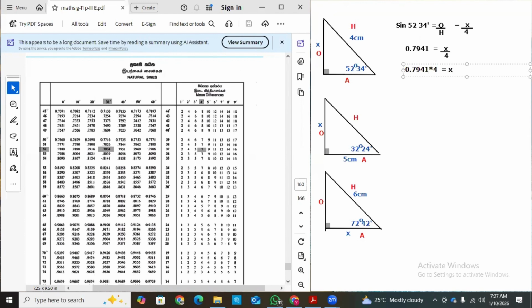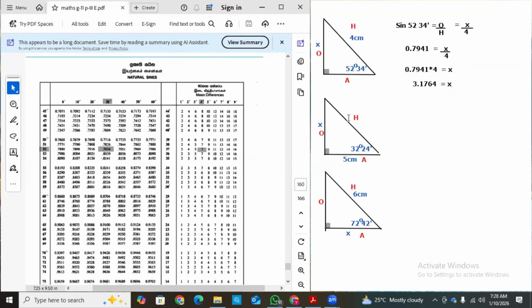So if you multiply, we are getting the answer 0.7941 into 4, 3.1764. That's 3.1764 is equals to x.